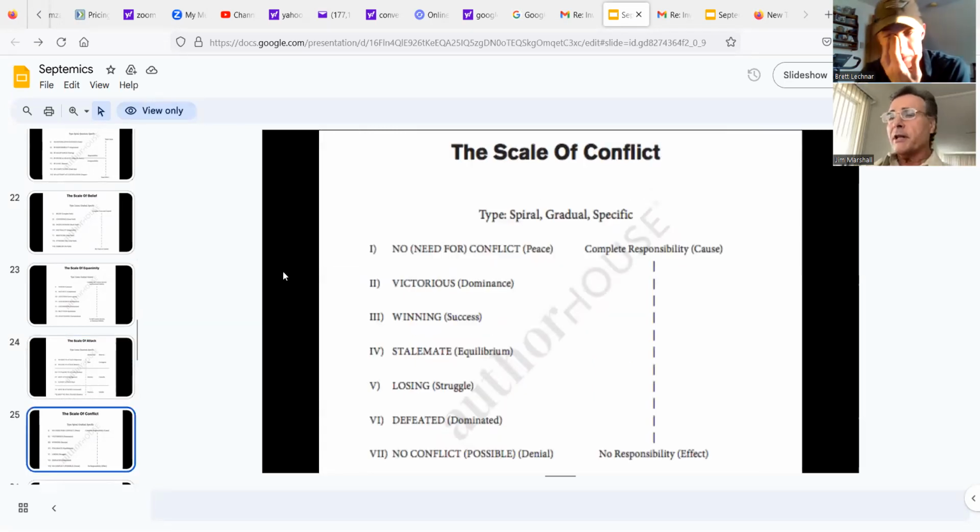Good. So I just wanted to clarify your comment. When you say seeing it, are you saying that you are observing the septemic phenomena in life? Yes, not only in myself, but in other people I see. Right, like the different levels that they're on of the scales that we've gone over.